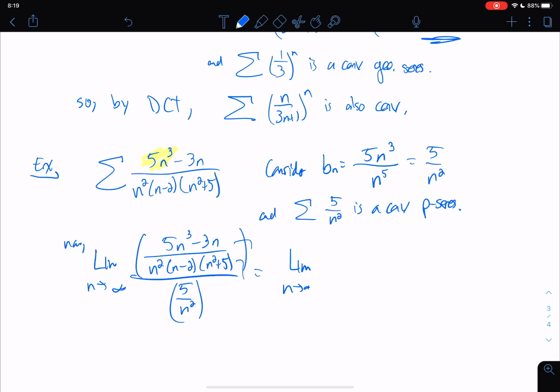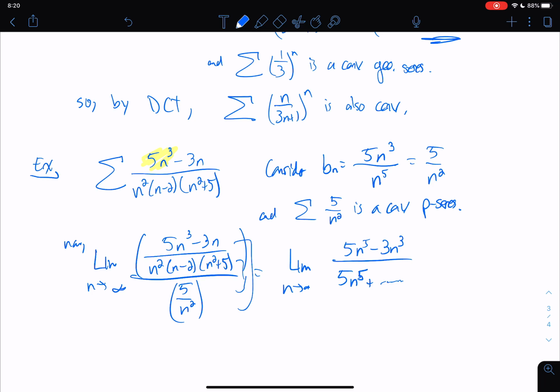Well, I have to do keep, change, flip, and I'll end up with 5n to the 5th minus 3n cubed all over, well, if I were to FOIL this entire denominator with a 5, notice I'm going to end up with 5n to the 5th plus some other terms.